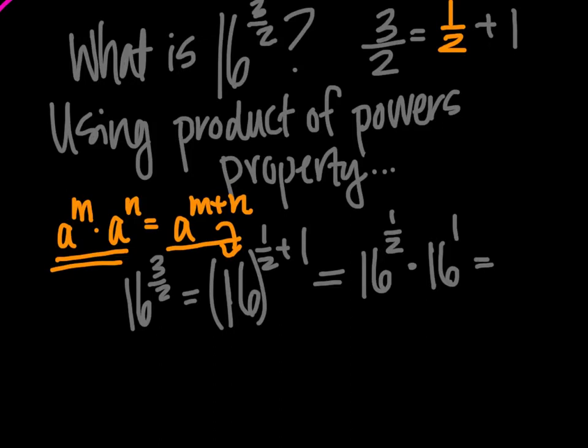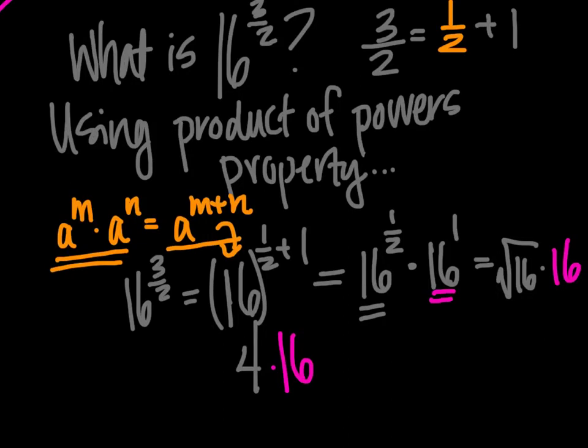Here we have 16 to the first power, which we can rewrite as just plain 16. And then we also have 16 to the half power, or the square root of 16. Those two things are being multiplied together. The square root of 16 is 4, and that's being multiplied by 16, which ends up getting us our grand finale of 64. Again, the same exact answer as before.